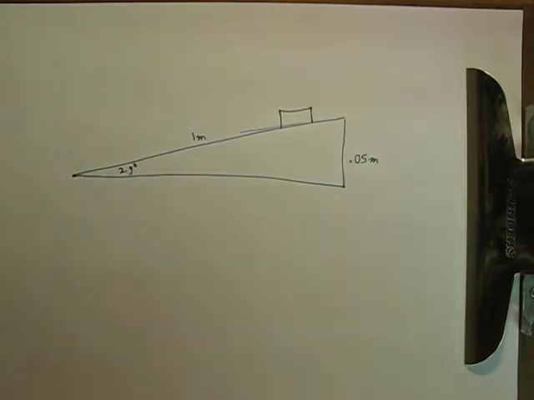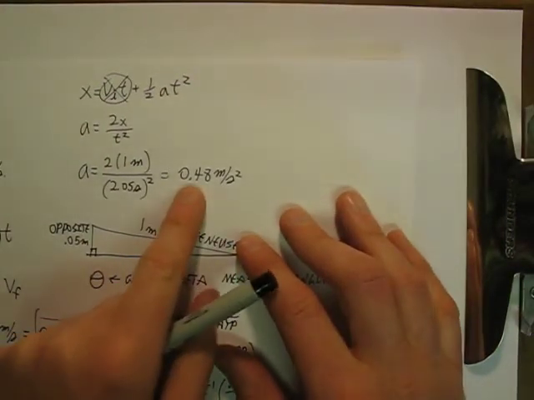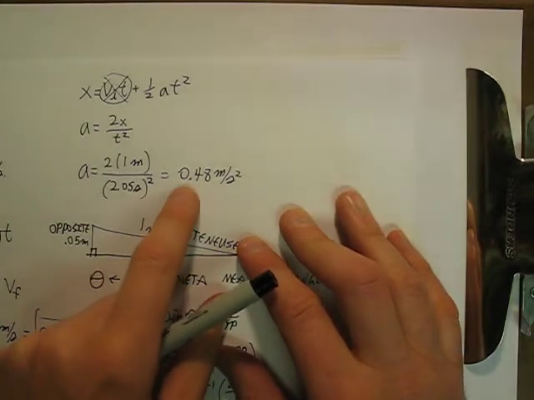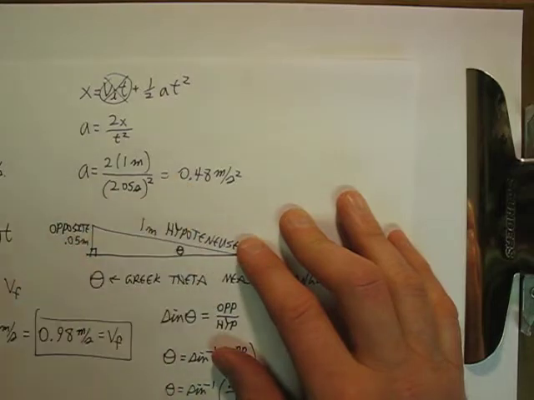Now, what we actually want to know is we want to build a triangle with accelerations, because accelerations are vectors and vectors are objects that have direction. Well, in our previous lab we determined that the acceleration of the cart down the incline was 0.48 meters per second squared.